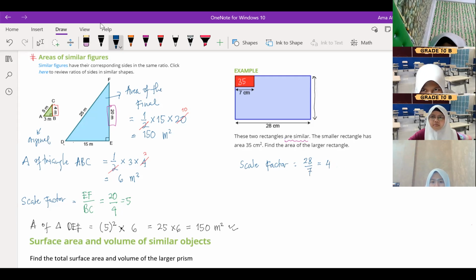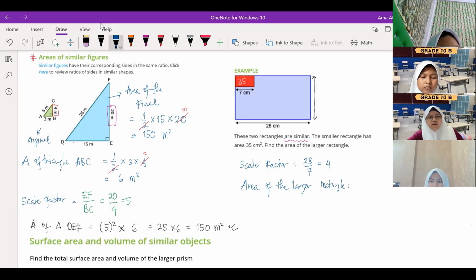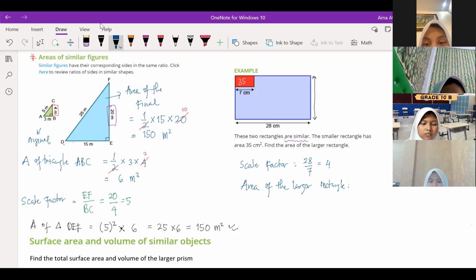Can you continue to find the area of the larger rectangle? I think the unknown side is 20 because the scale factor is 4.